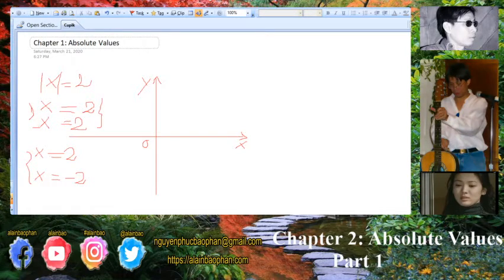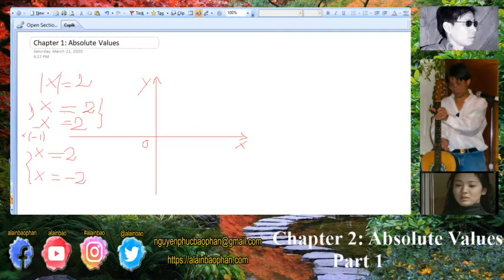And minus x here equal 2, if you multiply both sides by negative 1, then the left hand side will be minus 1 times minus x, which is x, right? And minus 1 times 2 equal minus 2.